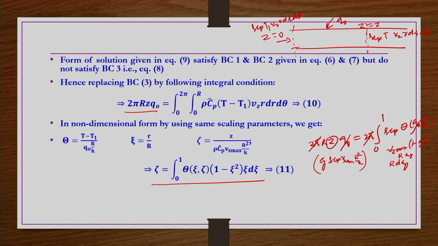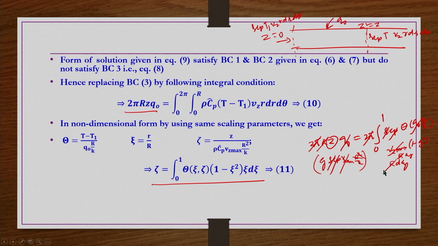Here one R and another R cancel out, rho Cp cancels out, and Vz max cancels out. The R square would come from here, only one R is there, so from this one R the square of R is gone.